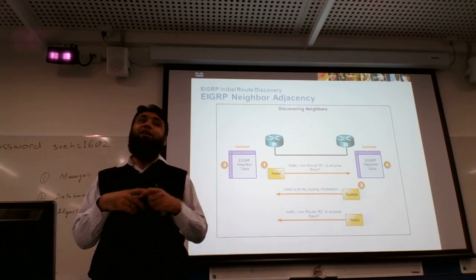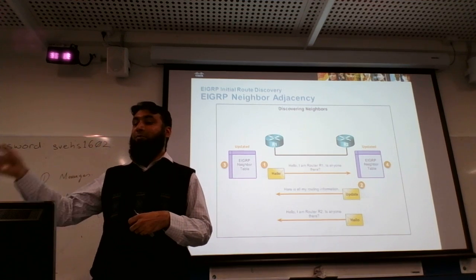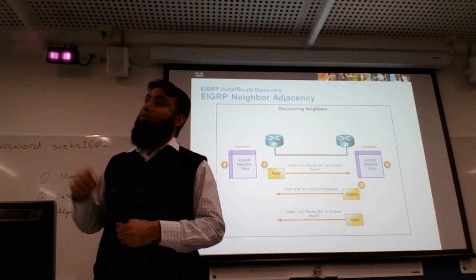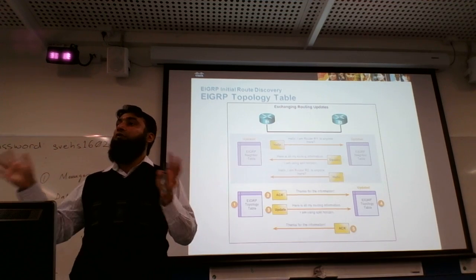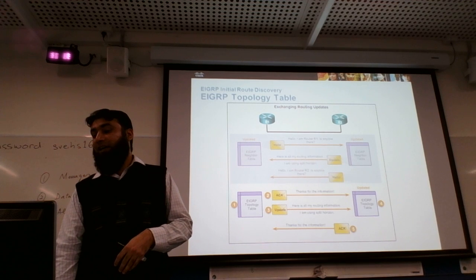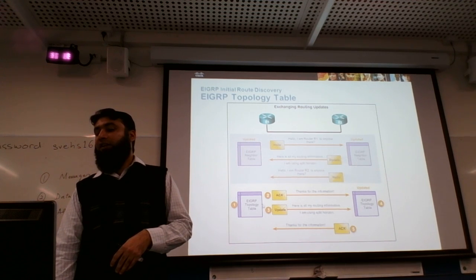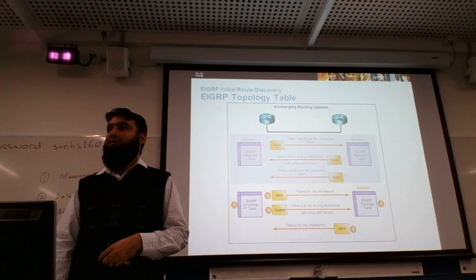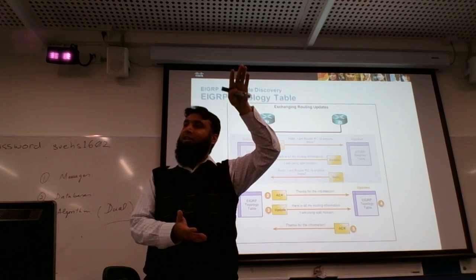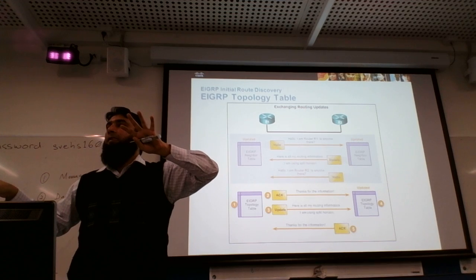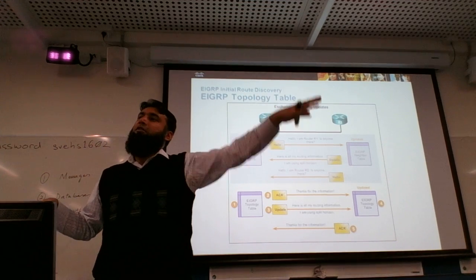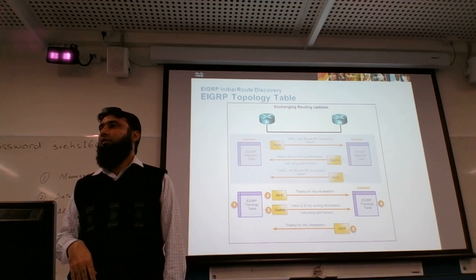So R1 will contain that I have a neighbor R2, and in the neighbor table of R2, it will say that I have a neighbor R1. And after exchange of update packets, they will create a topology table which has a list of all those networks known to R1, and R2 will contain all the information known to R1.